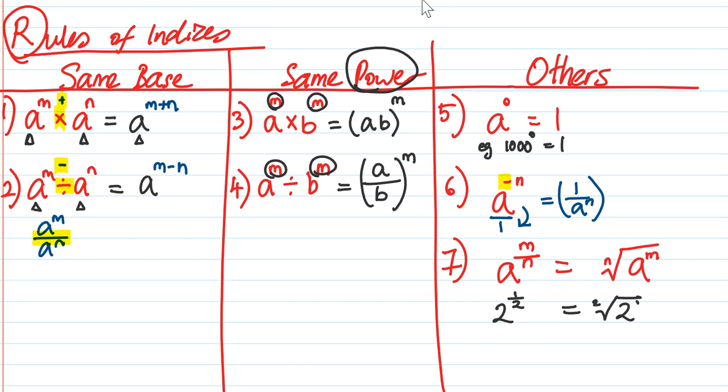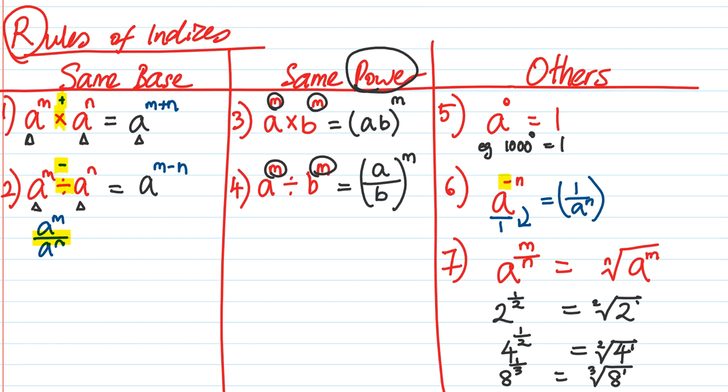So other examples, if you have square root 4, it just means there's a 1 and 2 here, and then this is 4 to the power of half. Okay, and if you have other examples, it will just be, let's say, 8, and then this is cubic root, there's a 3 here. So what this means is there's a 1 here, and then 8, and to the power of 1 over 3. We'll give you more examples in the other videos.